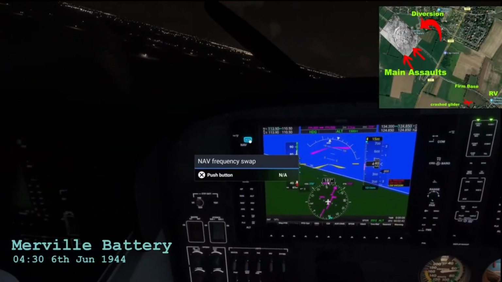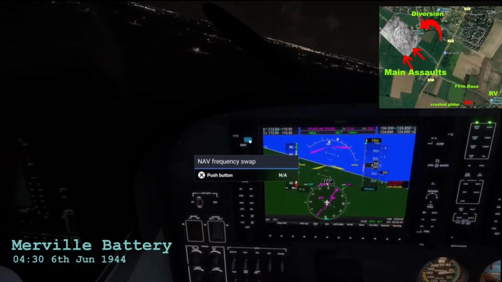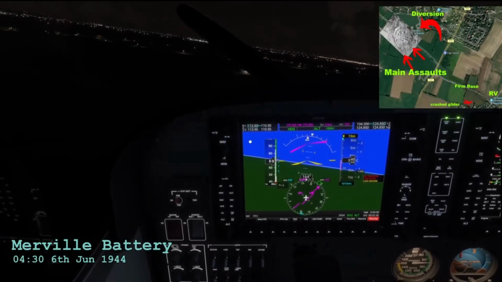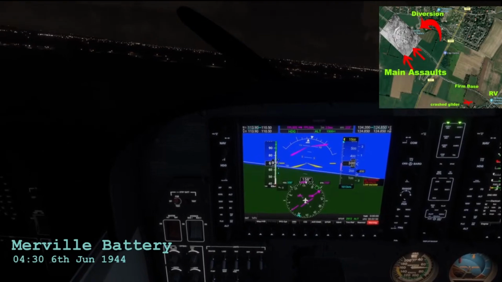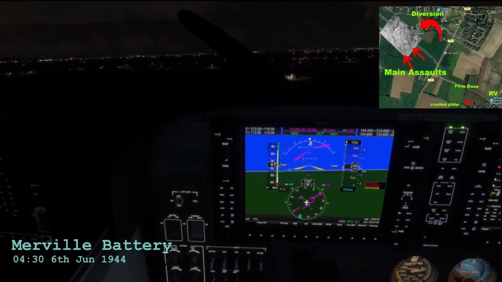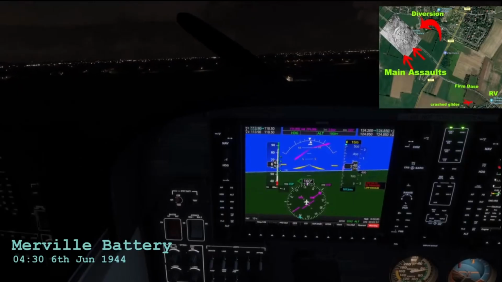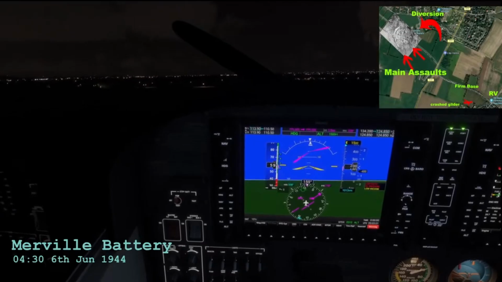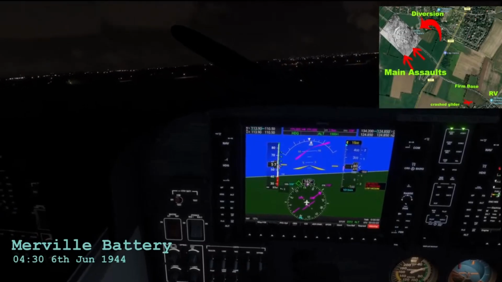So we obviously can't, and this is what happens on the actual day. The glider overshoots, and as you can see on the map, it lands or crash lands probably to the south, the southeast from the target.